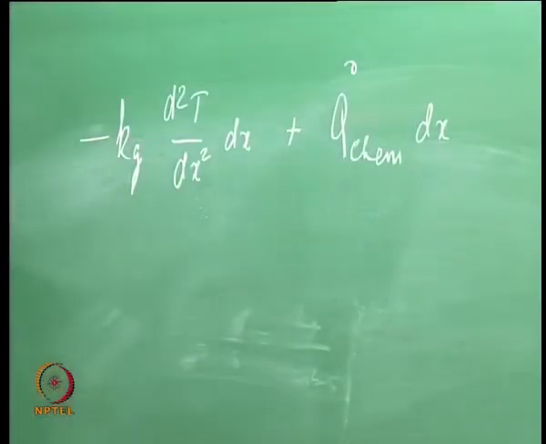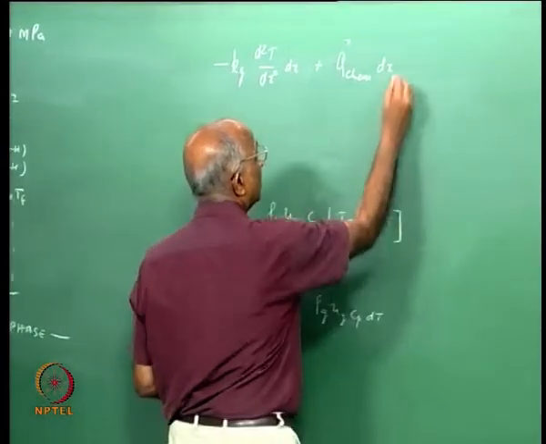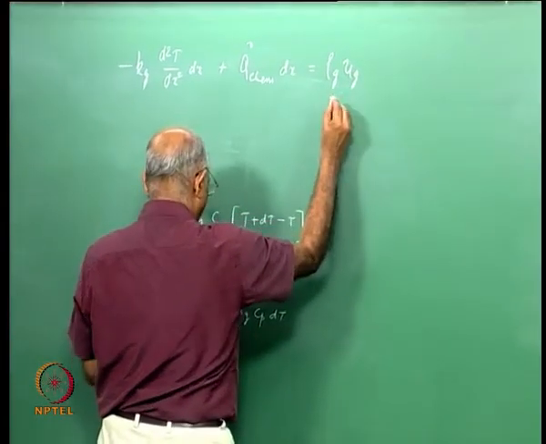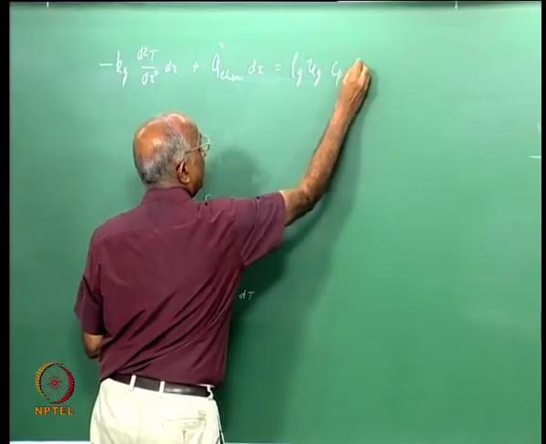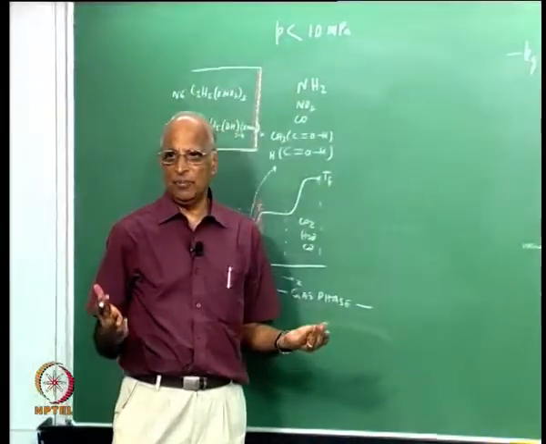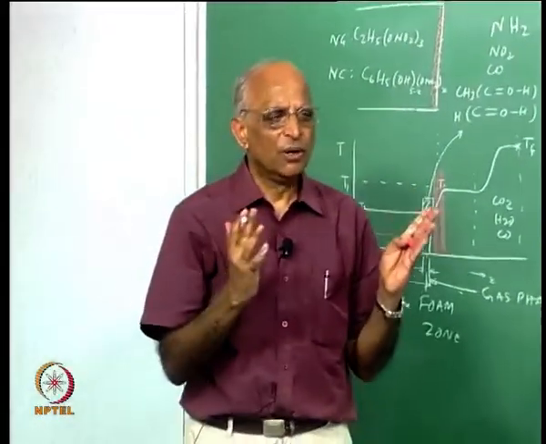And where is this heat going? It supplies this enthalpy for this, which is equal to rho g ug into Cp into dT, right. This becomes my energy balance, and we must be able to write this energy balance for any problem.